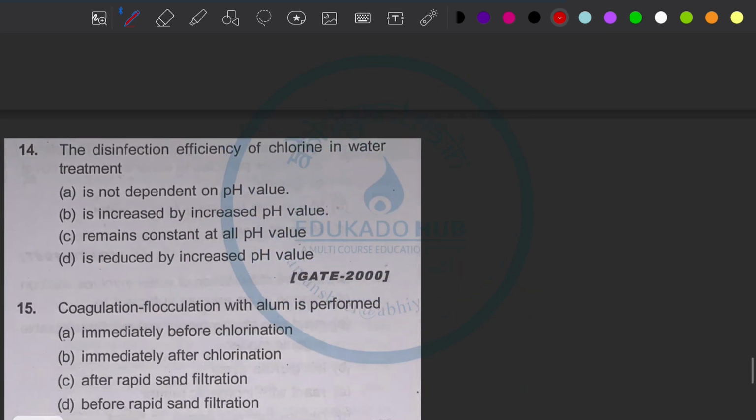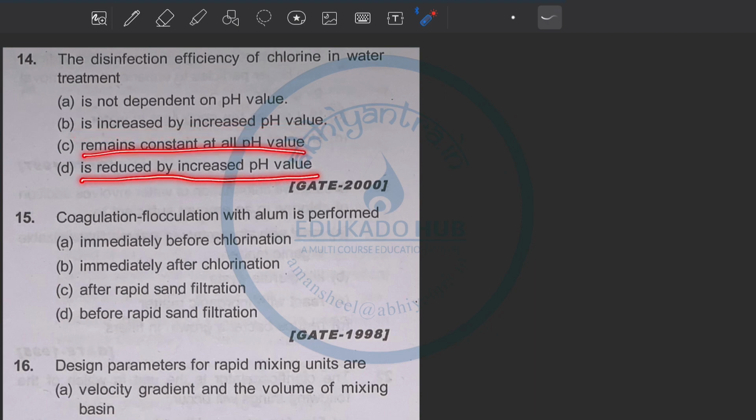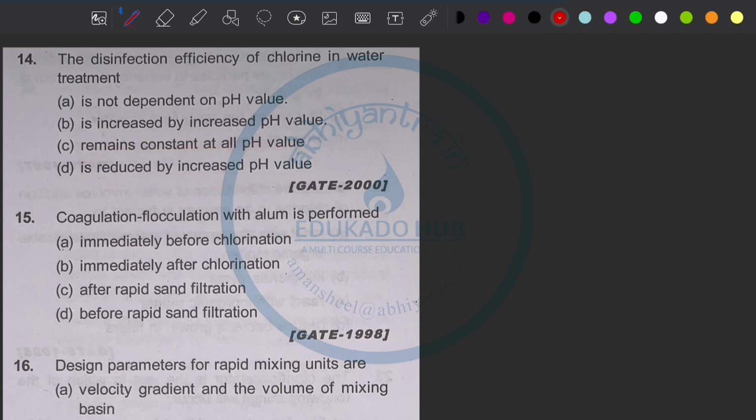Now let's move to the next question. The disinfection efficiency of chlorine in water treatment is not dependent on pH value, is increased by increased pH value, remains constant at all pH values, or is reduced by increased pH values. So see, they are talking about chlorination, right?